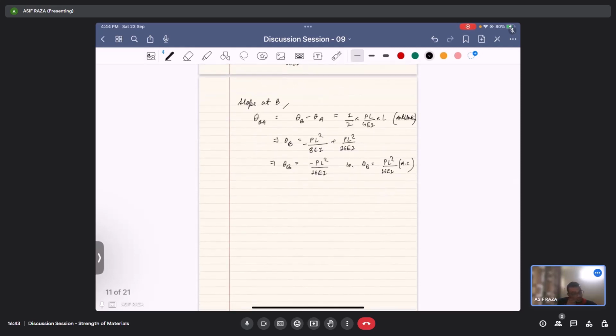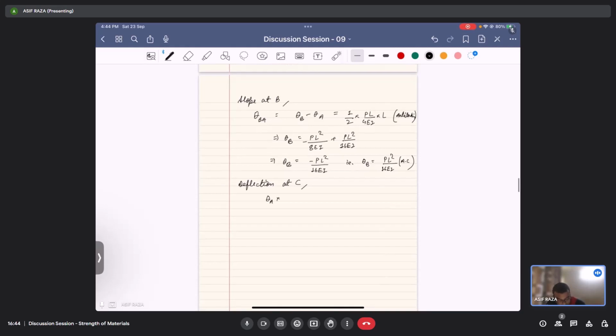Now we want to find the deflection at C. So our objective is to find the deflection at C. To find that, we need to take theta A from A to C. So theta A times L by 2 gives the deflection at C, that is TCA.